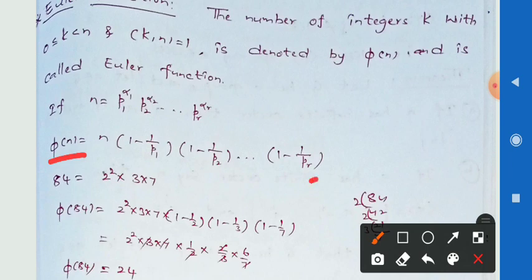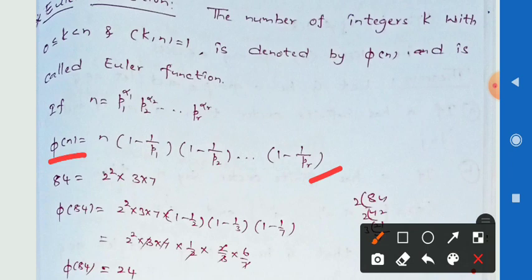By the Euler function we can find out the number of generators of the group.